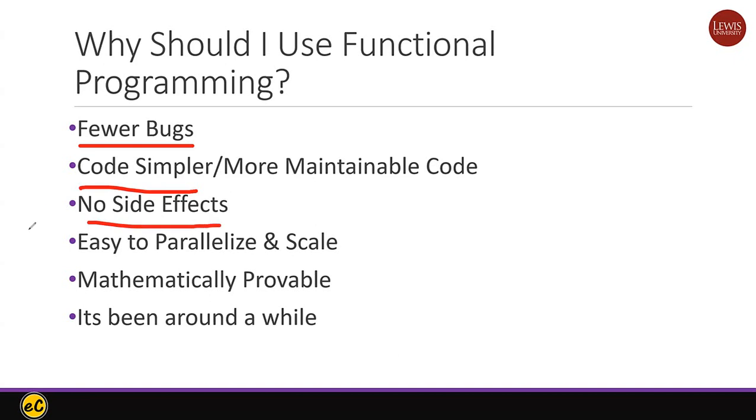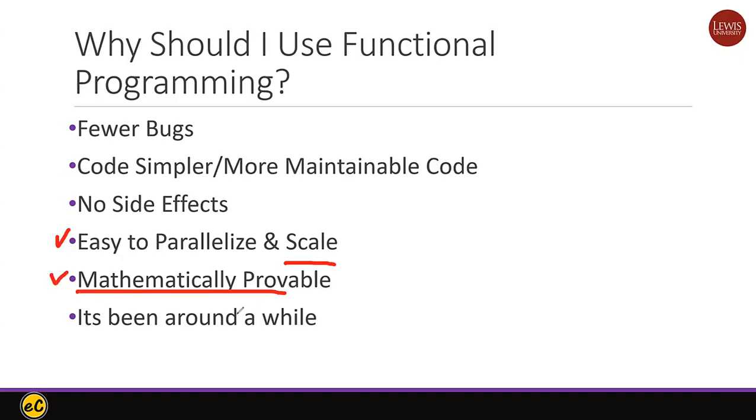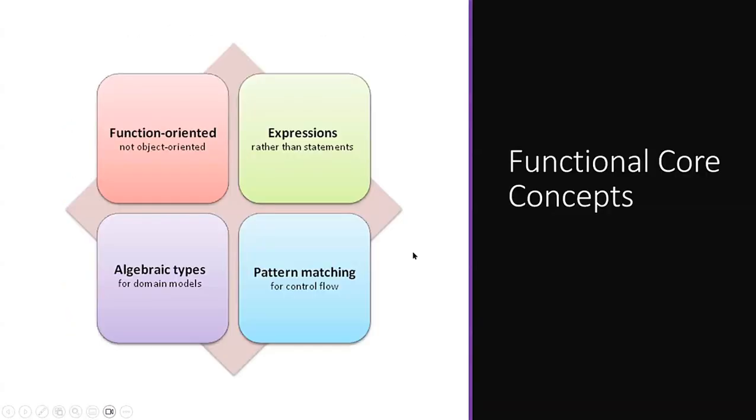There are no side effects, since functions are pure. It is easy to parallelize or scale, so it is good for parallel programming. It is mathematically provable because it's closer to math, and it has been around for a while since math was invented. Using lambda calculus, you already have the function.